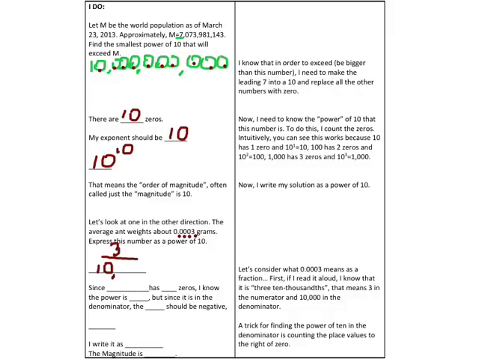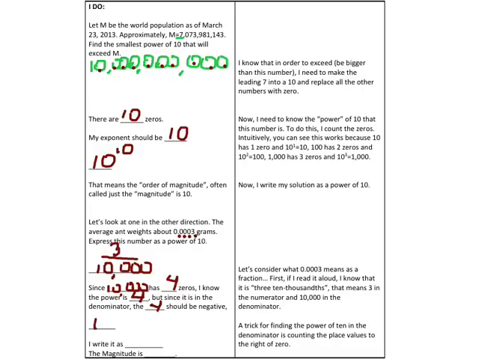10,000ths. So 10,000 is in my numerator. The numerator, 10,000, has 4 zeros. So I know the power has to be 4. But since it is in the denominator, the 4 should be negative.